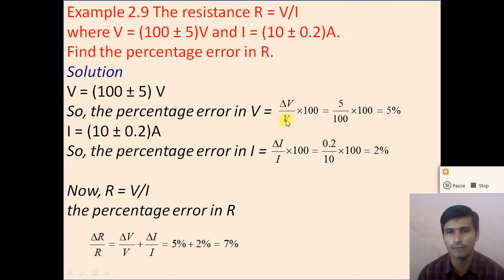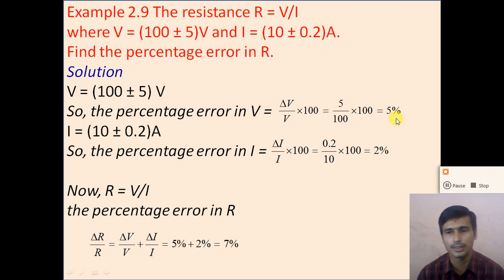Delta V by V multiplied by 100. So delta V, we put the value 5, divided by the true value 100, multiplied by 100, we get 5%.